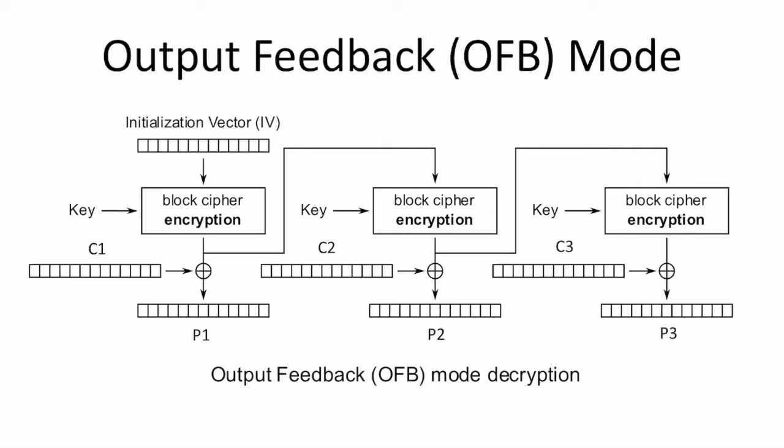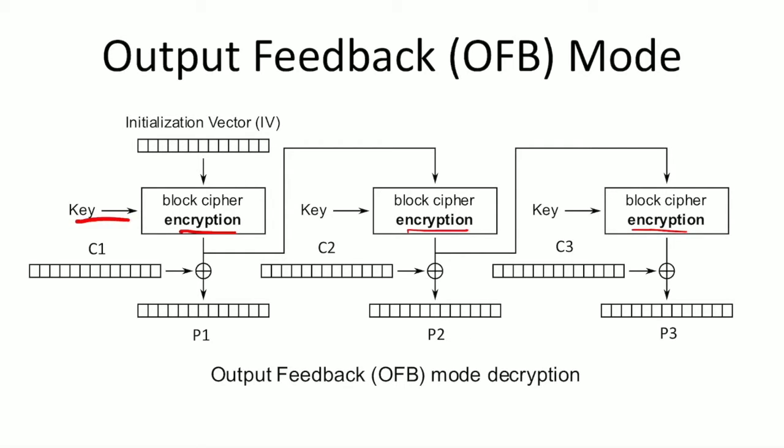To decrypt using the OFB mode, we again use the block cipher encryption to generate a key block. In this case, the key block is used to decrypt the ciphertext block. Again, to generate the key stream block for the first ciphertext block, we encrypt the initialization vector block using the block cipher encryption algorithm and the key.